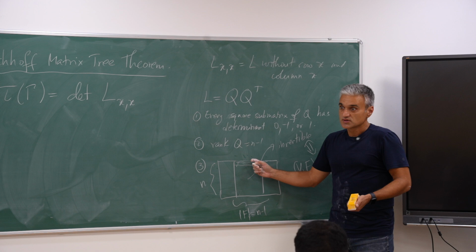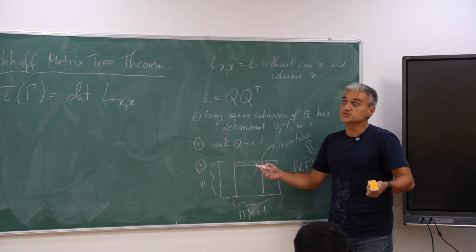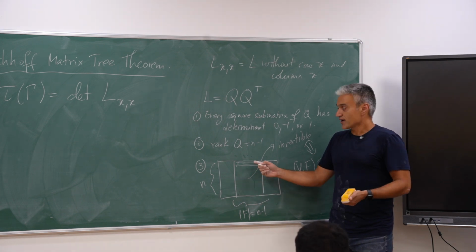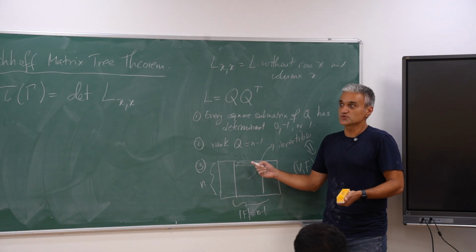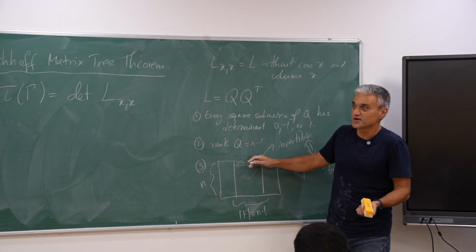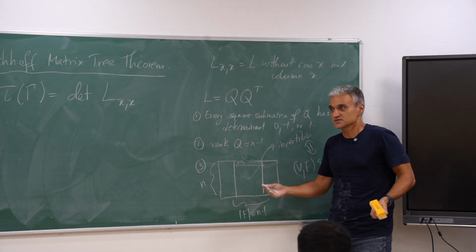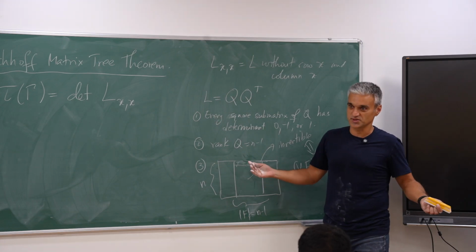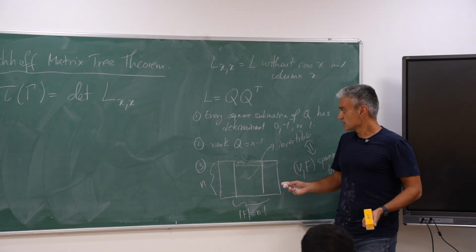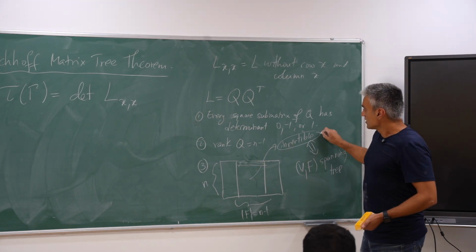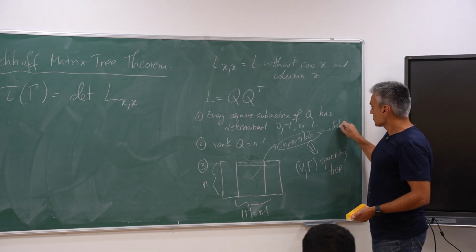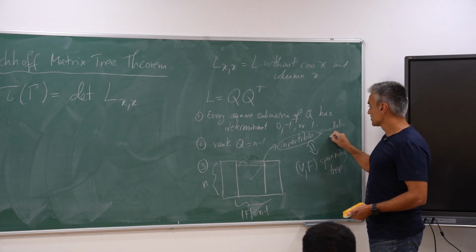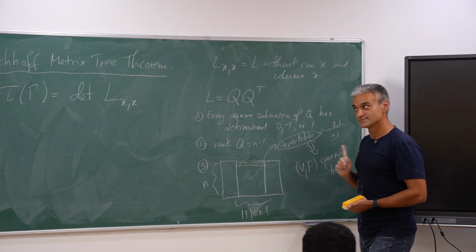Now the rows of this matrix add up to 0 all the time. So any subset of n minus 1 rows will be a basis. So if you delete one row, the remaining ones are linearly independent, so you're done. Okay? So that's the argument here. And so invertible will also mean that the determinant of such a matrix will be plus or minus 1. Okay?